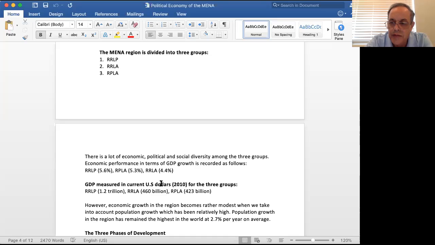But for the other countries where population is very high, then obviously GDP per capita growth has been extremely low. So even though growth of GDP has been remarkable by all standards for the MENA region, per capita GDP growth has been very low compared to other countries.